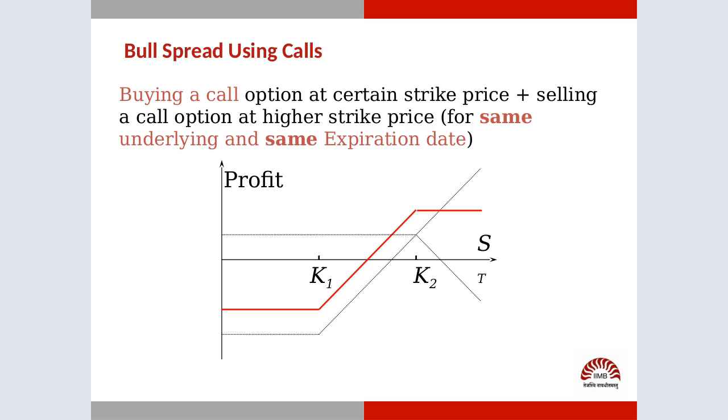Now I will take 2 different options, one with strike price K1, the other with strike price K2. Now K1 can be less than K2, or K1 can be more than K2. For simplicity here, I am taking K1 to be less than K2, right? And I'm doing only call options.